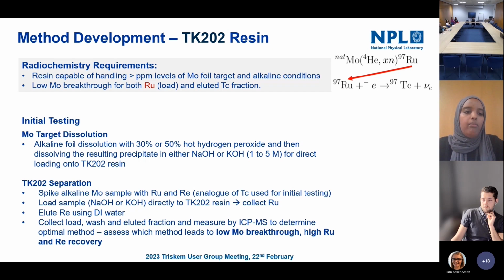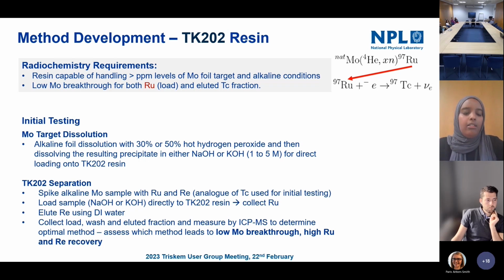So during this method development, we loaded a sample containing our molybdenum target that's been dissolved, a known amount of ruthenium and rhenium, and prepared that in a range of alkaline molarities, loaded the sample directly to TK202 resin, and then at the initial stage collected what we'd hoped was the majority of the ruthenium, and then we looked to elute the rhenium, the analog of technetium, using water.